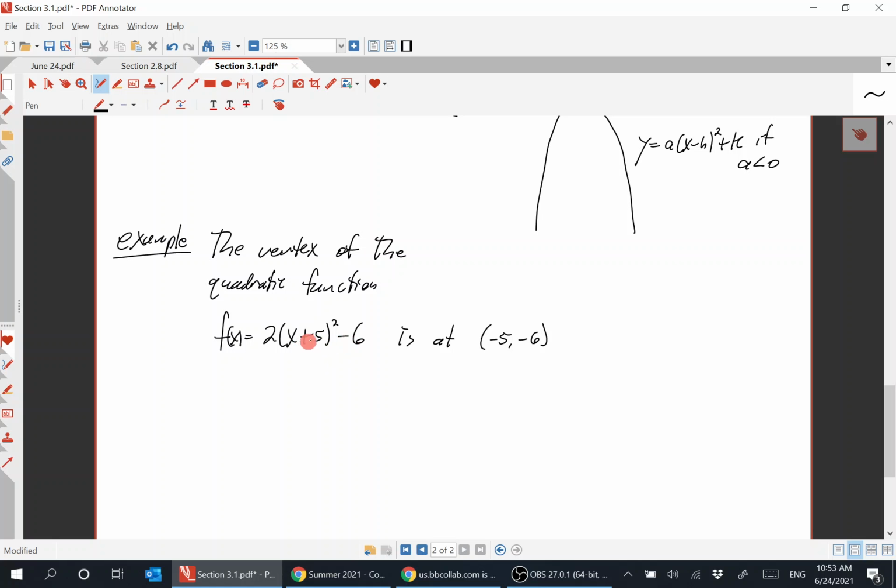So you flip the sign here, in the squared bit. So x plus 5 indicates an x coordinate of minus 5, and the minus 6 is the y coordinate, minus 6. Right? So we need to get that straight.